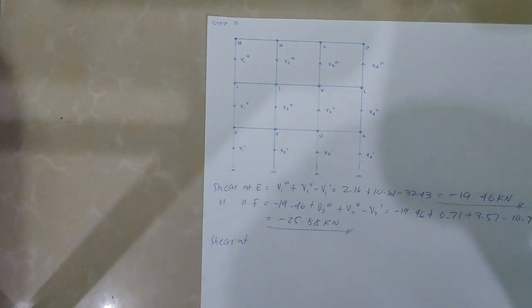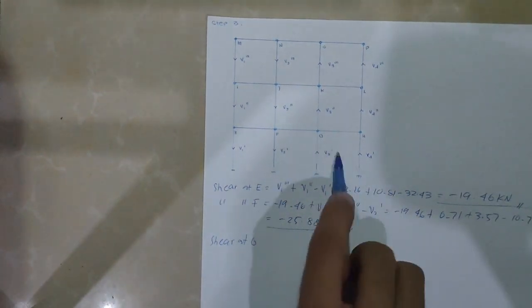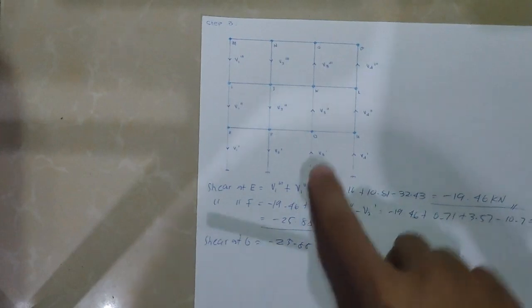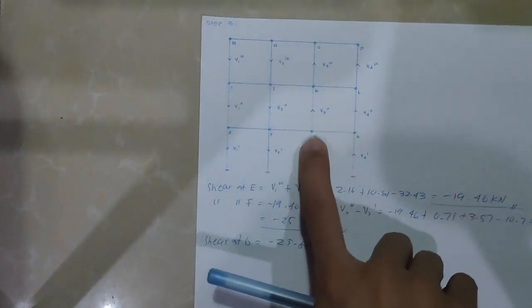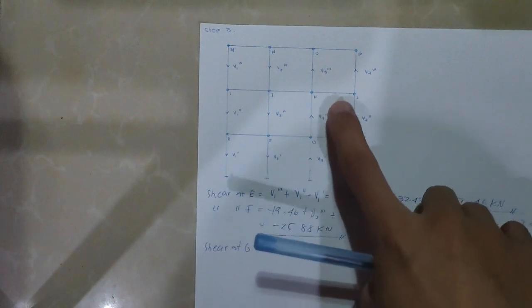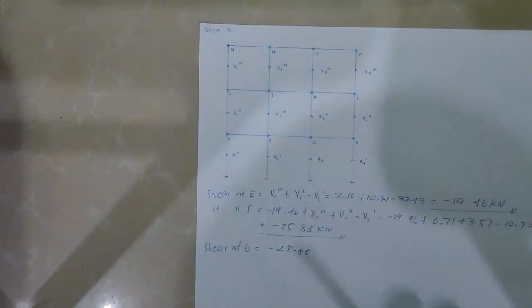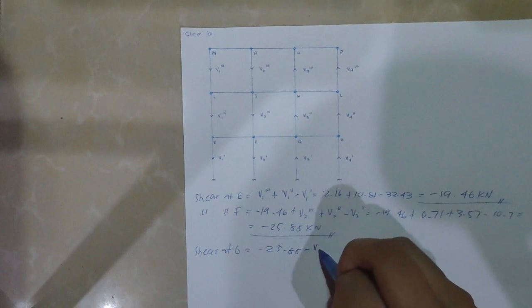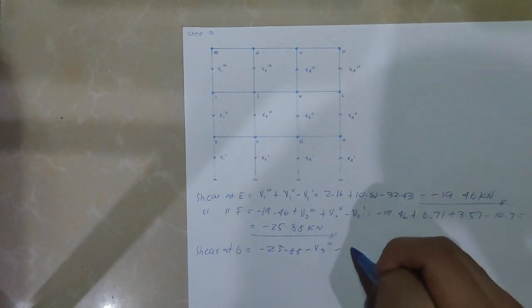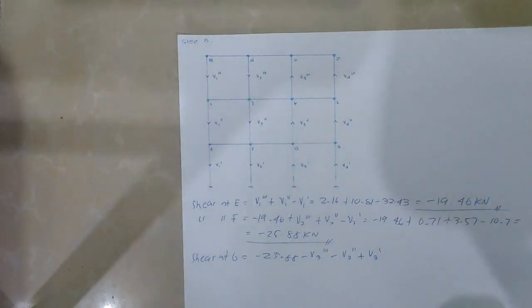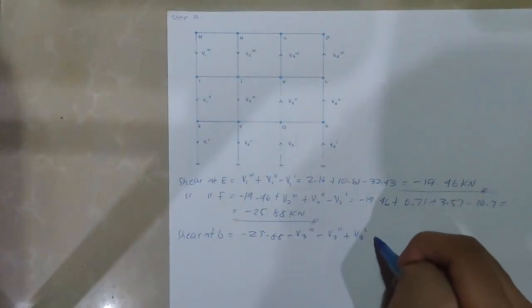So for the shear at G, we copy the negative 25.88, plus, since the arrows on the second floor and third floor are going away, negative, and then the first floor is positive: minus V3 of the third floor, minus V3 of the second floor, plus V3 of the first floor.